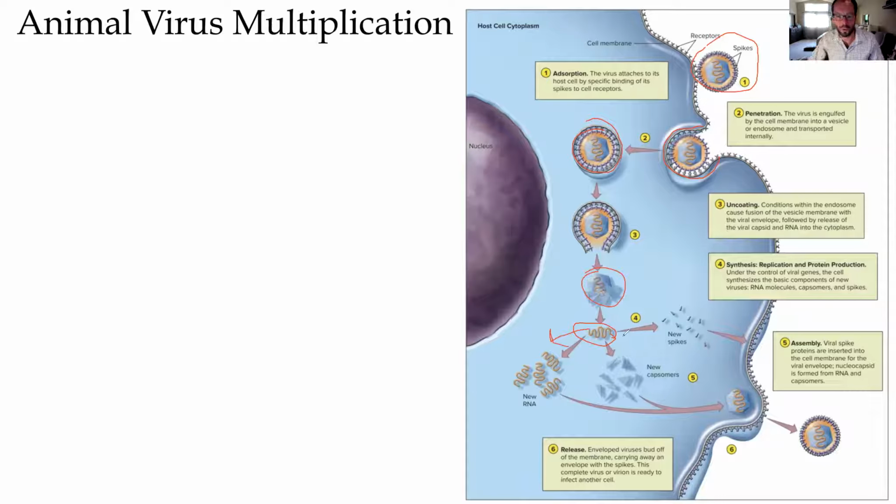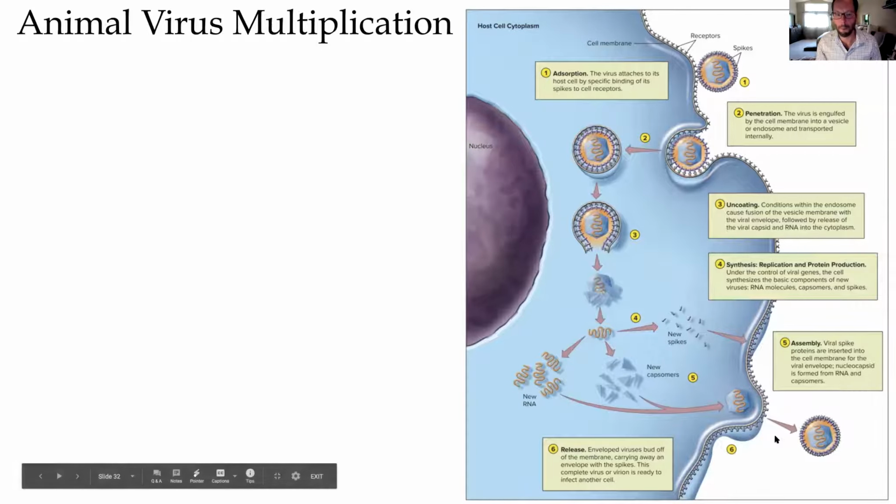It's going to use the host's machinery, the ribosomes, to translate new proteins, like for the capsomers, for the capsid, the spikes, etc. And then all these pieces are going to make their way to the inside of the membrane again, where they assemble into new particles and then release from that host cell. And that's the major steps of viral infection in a nutshell. Okay.